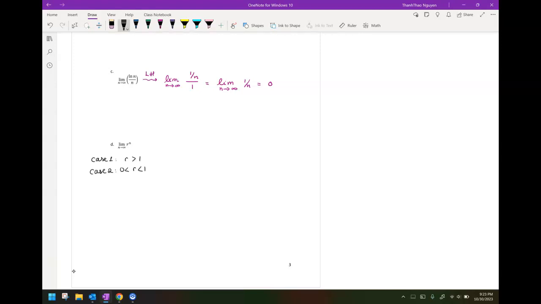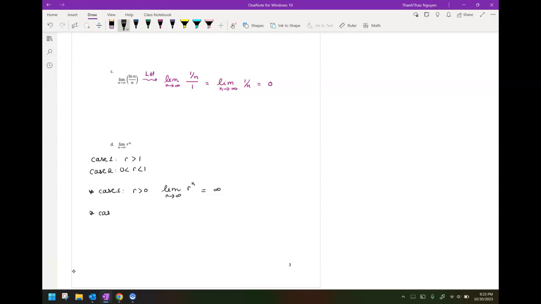Okay, let's talk about case 1. If r is greater than 1, the limit as n approaches infinity of r to the n will approach infinity, right? Because this is an exponential function.